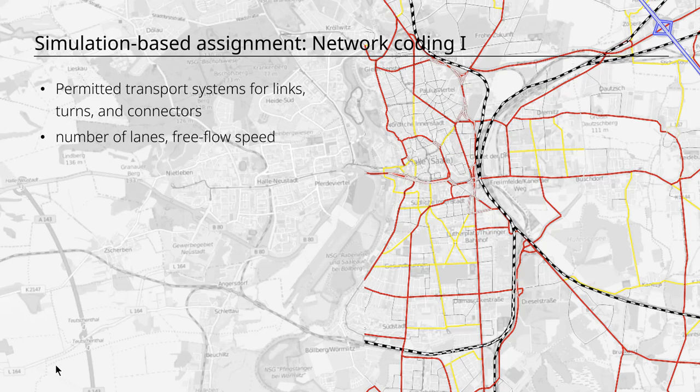Because simulation is used here, the capacity is not an input for SBA. Then junction control must be modeled. There are basically 2 components of this, the signal times and gap acceptance. And the right-of-way is essentially determined by the control type.